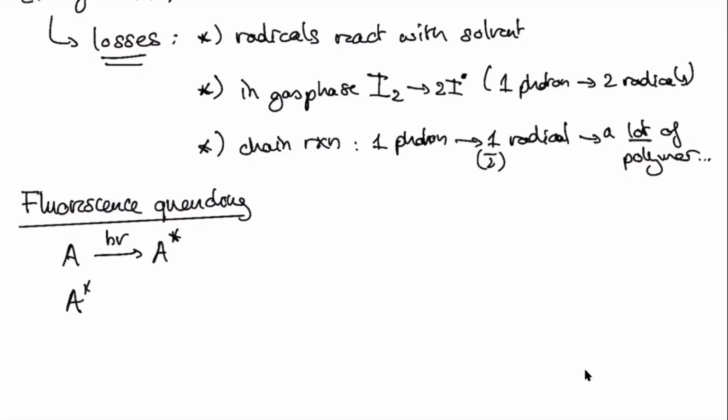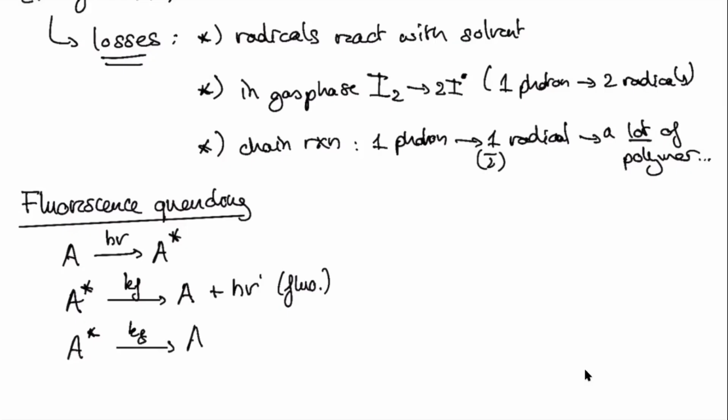The excited state can, with some rate, fluoresce back to the ground state plus h nu prime. So this is fluorescence. And we have our non-radiative decay, back to the ground state, so kg, back to A. So these are the normal processes. If you don't have any quencher around, these are the processes that typically happen.